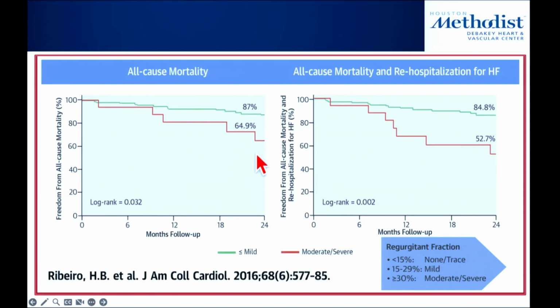This was a study from a few years ago which looked not only at quantifying paravalvular regurgitation in these transcatheter aortic valves by MRI, but actually using that to look at prognosis.